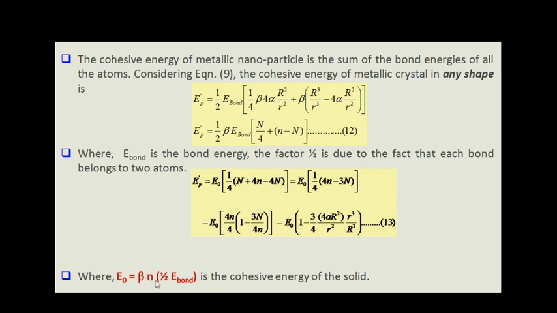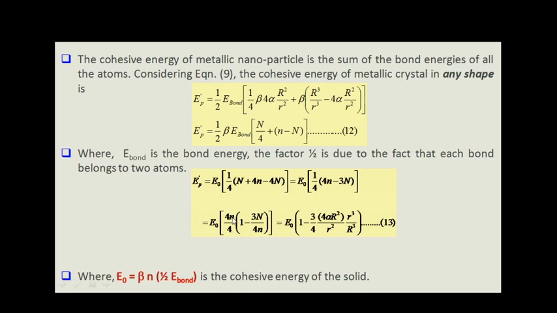So beta n 1/2 E bond is given by E0. It is a cohesive energy I am putting, and that is simplified in the shape of E0 into the bracket 1 minus 3 by 4, because you can understand like this: you are taking a common 4n, that 4 gets cancelled and n will remain here.